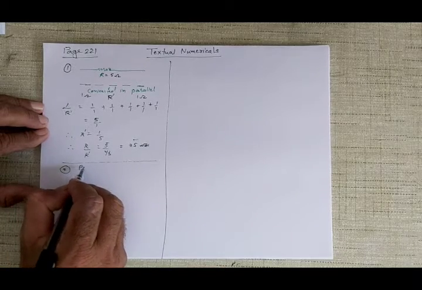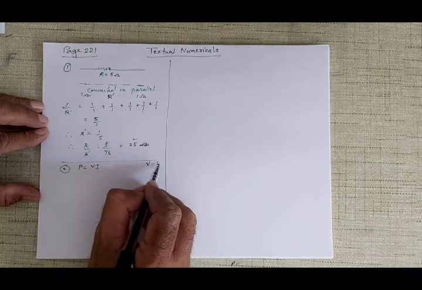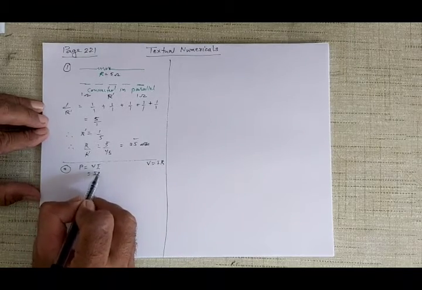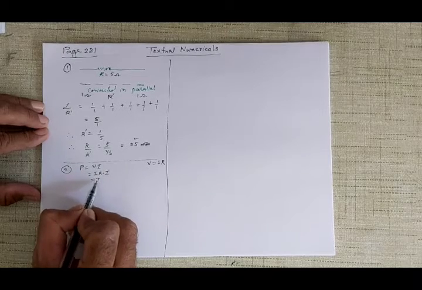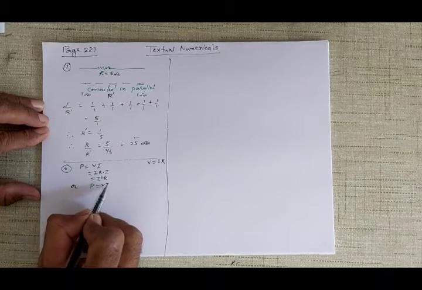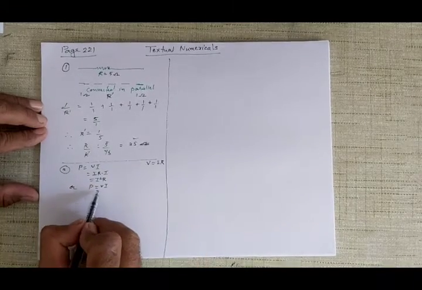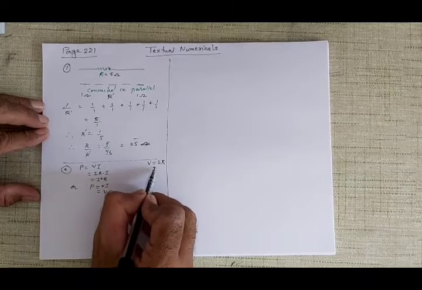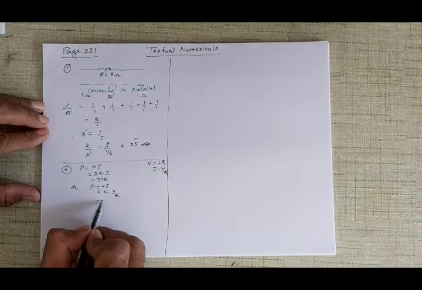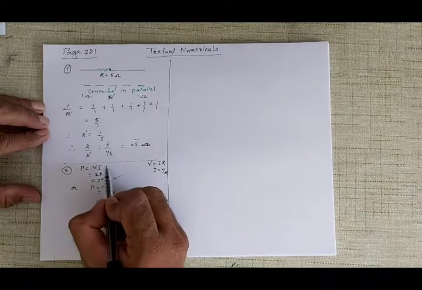See, power is equal to V into I. Also we know that V is equal to I into R. So in place of V, if I put IR, into I, I get I square R. Or P is equal to V into I, and in place of I, if I put V upon R, I get V square upon R. So I got this, I got this, and of course I have this also.